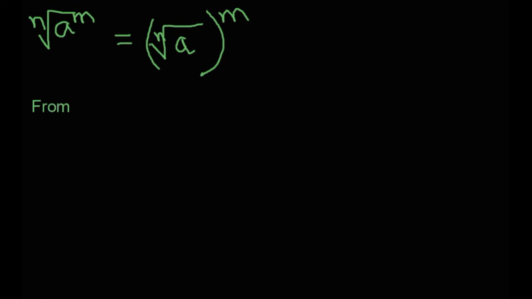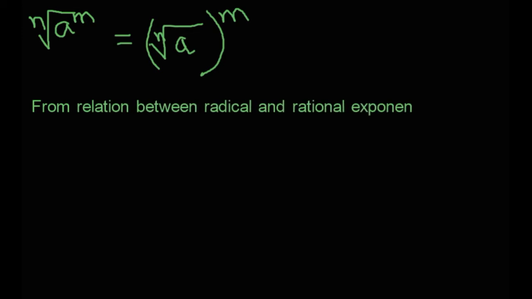From the relation between radical and rational exponents, we can write nth root of a is equal to a to the power 1 by n.